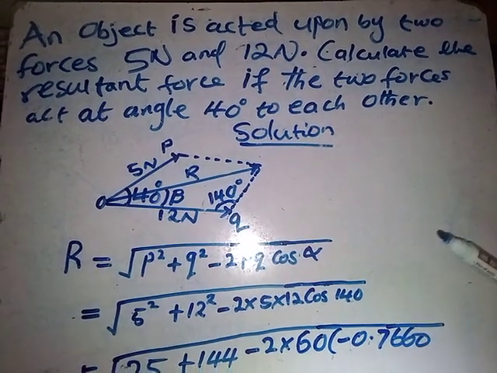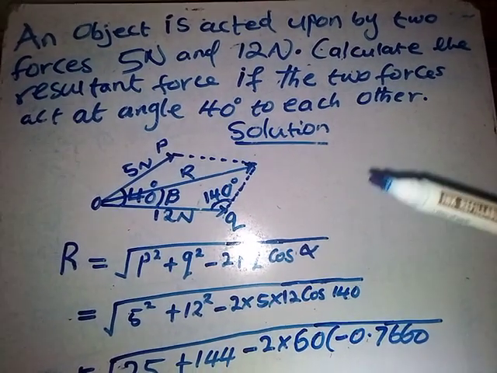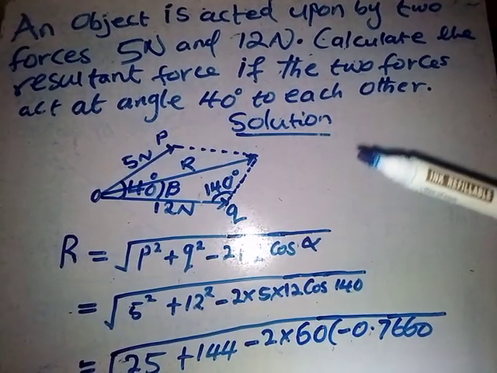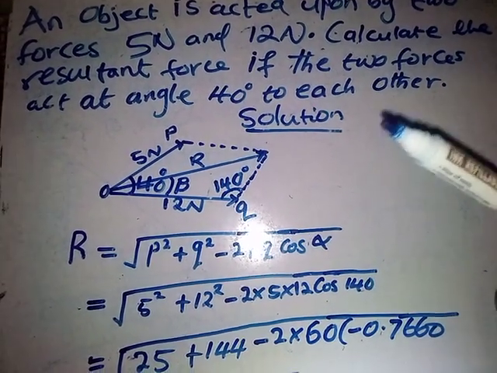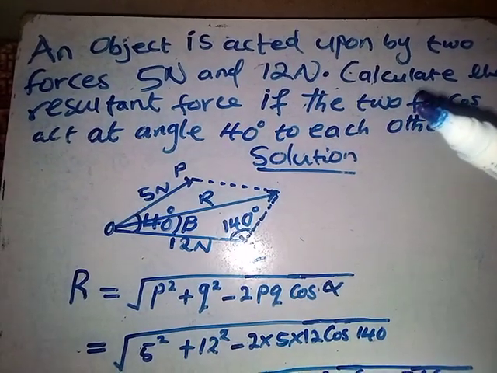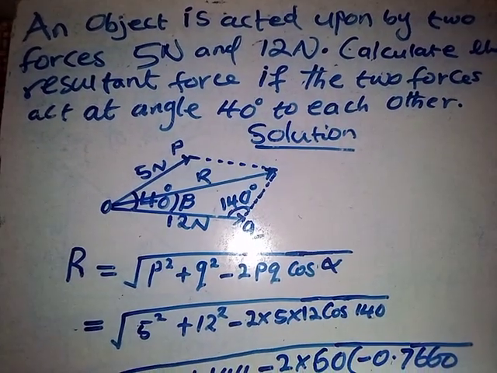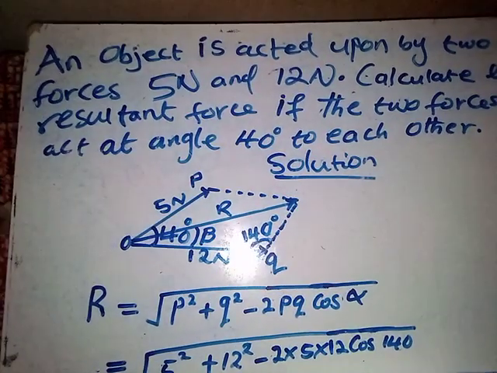In my previous video, we had a similar case, but in that question the angle of inclination between the two forces was 90 degrees. This time the angle is 40, that is to say, the angle of inclination is less than 90 degrees.